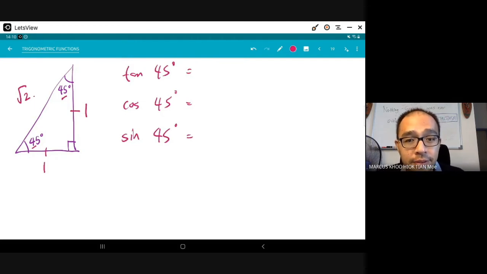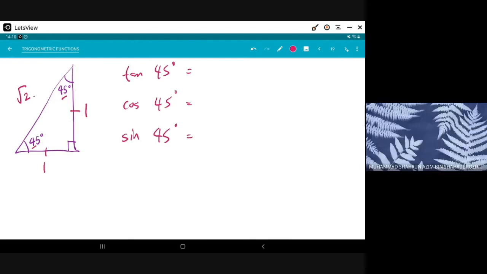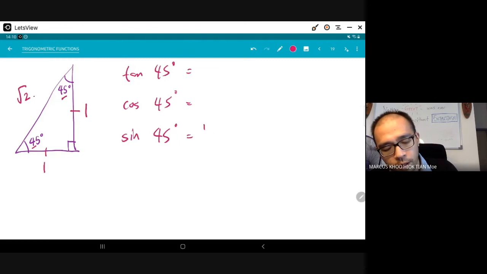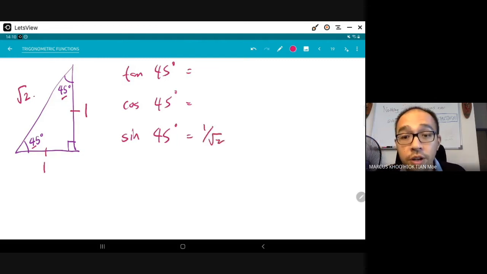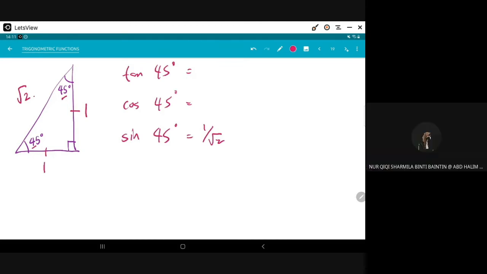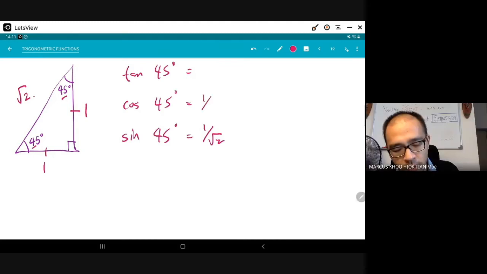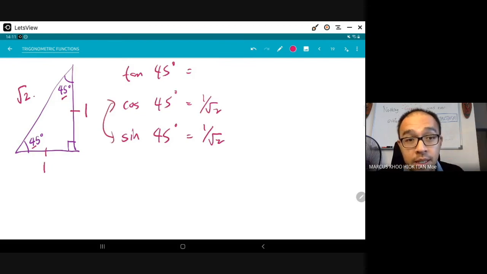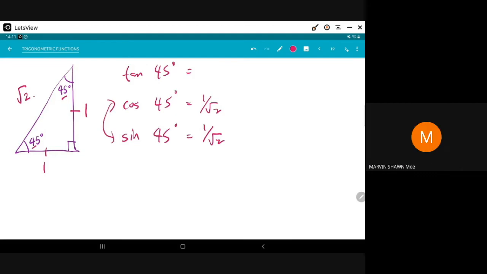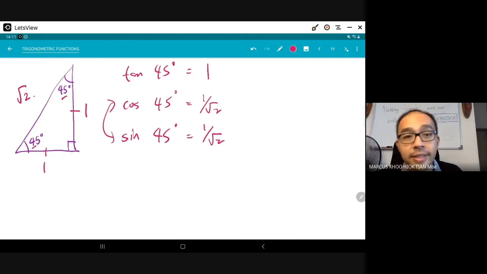Sine 45 is 1 over root 2. Cos 45 is 1 over square root 2, the exact same value. And tangent 45 is 1 over 1, which is 1.